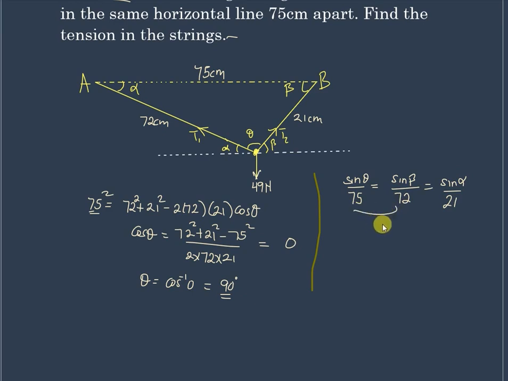If I equate those two, I have that sine of 90 degrees over 75 is equal to sine beta over 72, such that beta is equal to sine inverse of 72 sine 90. Remember, sine 90 is the same as 1, so this is over 75.